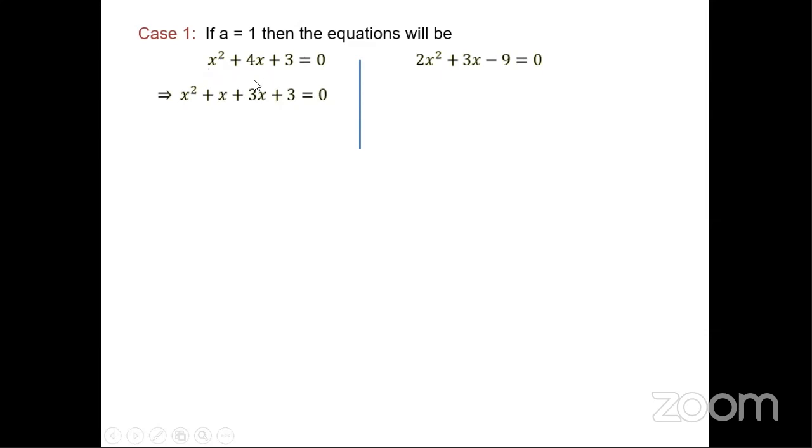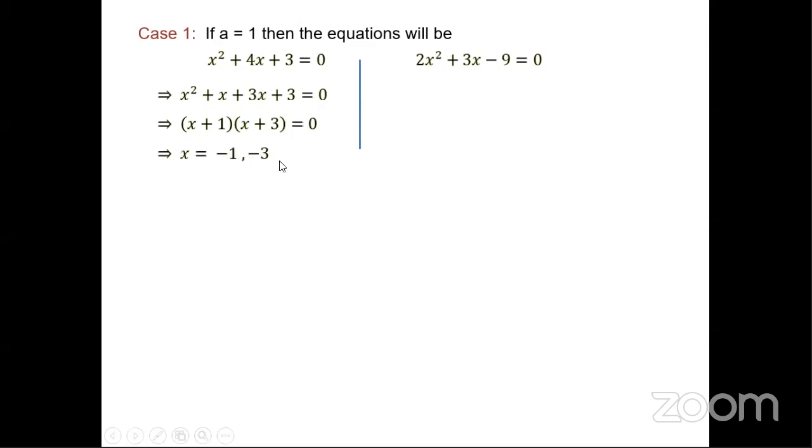Then you have x square plus x plus 3x plus 3 equal to 0. From the first two terms, you will take x common, and from the last two terms, you will take 3 common. Then you will be left with x plus 3 into x plus 1 equal to 0.